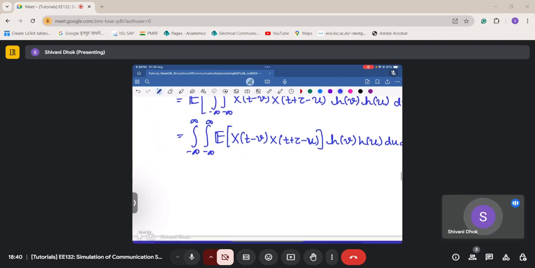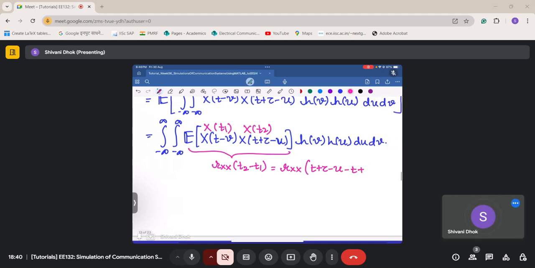Okay, and what is this thing here? This is basically like x(t1) into x(t2). So this should give me Rxx(t2 minus t1), which comes out to be Rxx(t plus tau minus u minus t plus v).